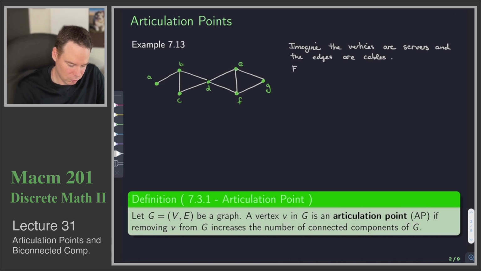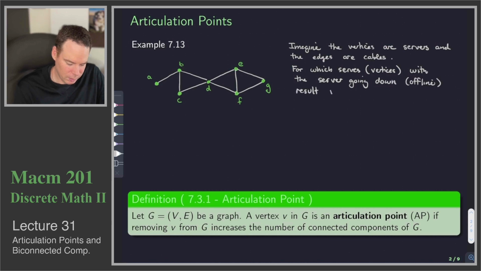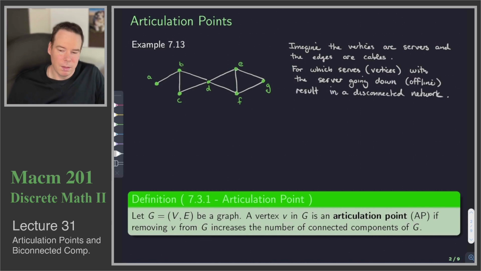So for which servers, in other words, which vertices, will the server going offline result in a disconnected network? So where is my network vulnerable? If a server goes down, which other servers will now no longer be able to communicate? And this is something that you could probably just eyeball.